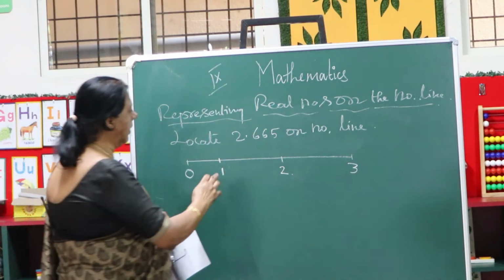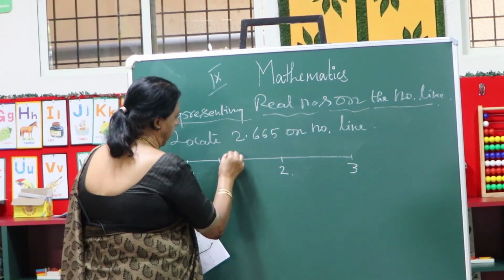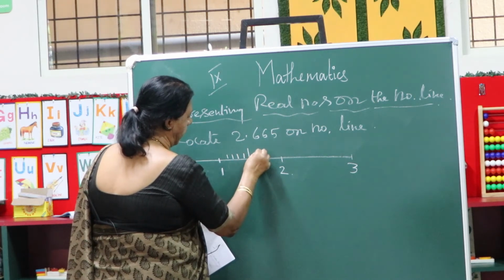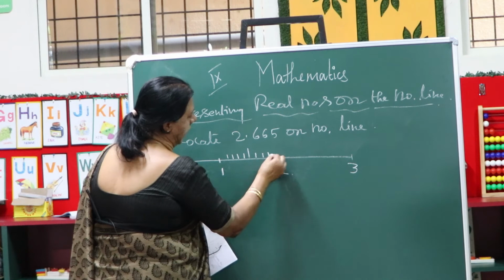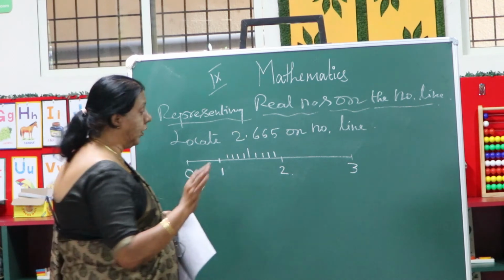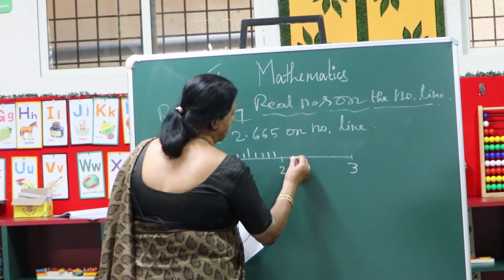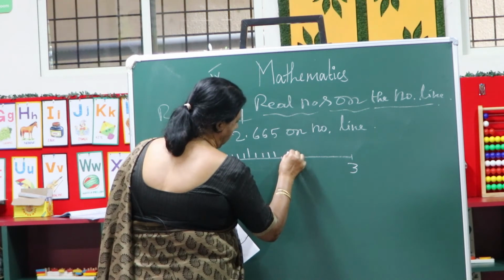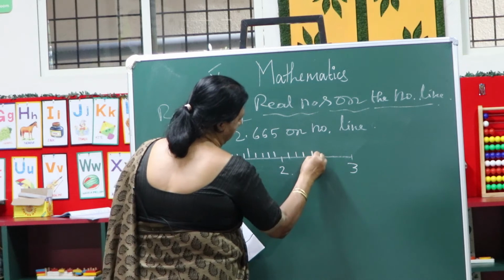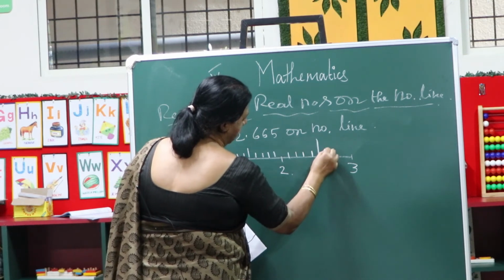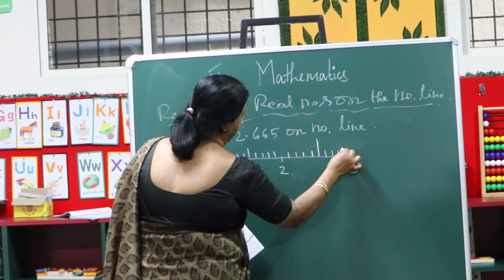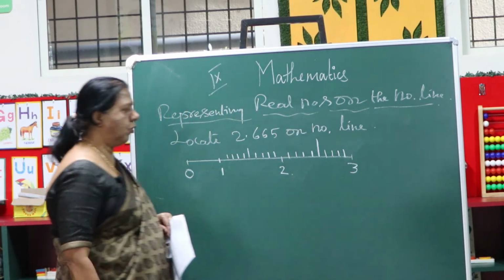See here there is 1, 1.1, 1.2, 1.3, 1.4, 1.5, 1.6, 1.7, 1.8, 1.9, 2. Now we don't want 1 point something. So we have to follow 2 point. So here 2.1, 2.2, 2.3, 2.4, 2.5, 2.6, 2.7, 2.8, 2.9.